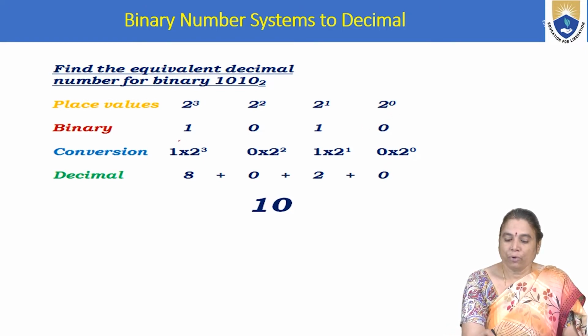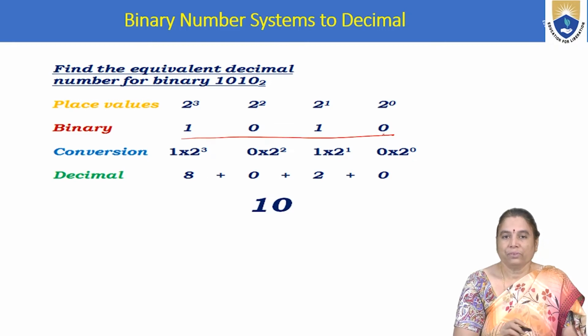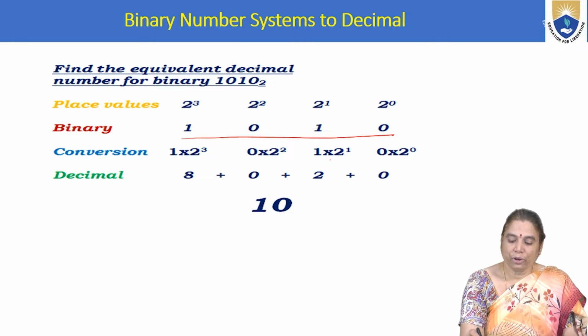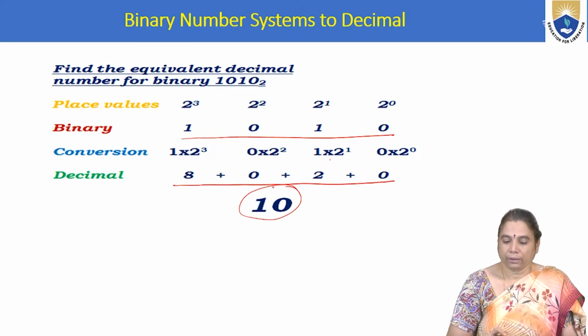If you take the number 1010: 0 multiplied by 2 power 0, next 1 into 2 power 1, 0 into 2 power 2, 1 into 2 power 3. All these values are summed to get the decimal equivalent.